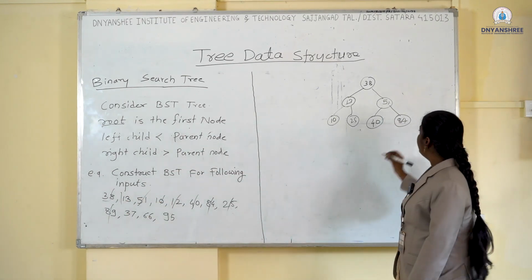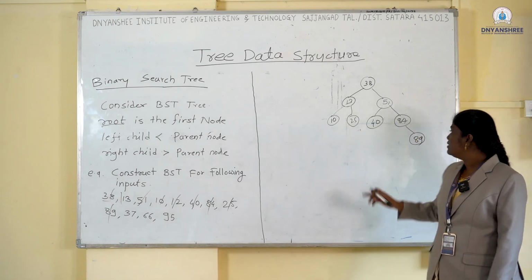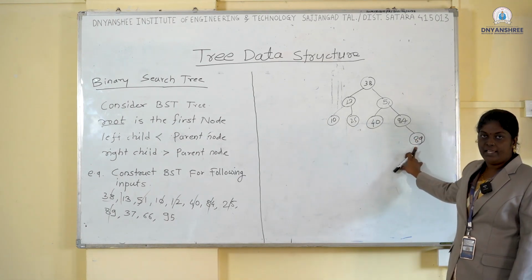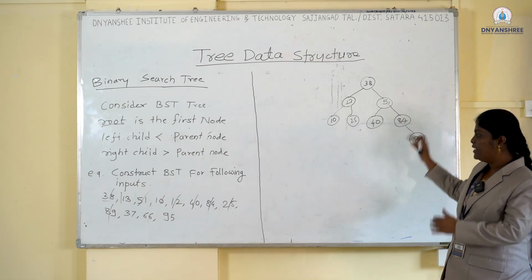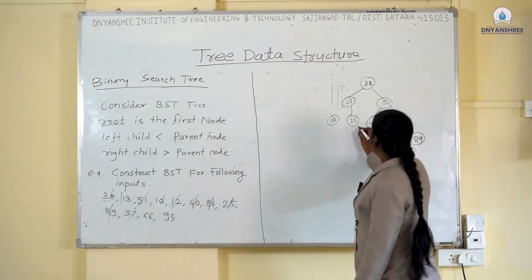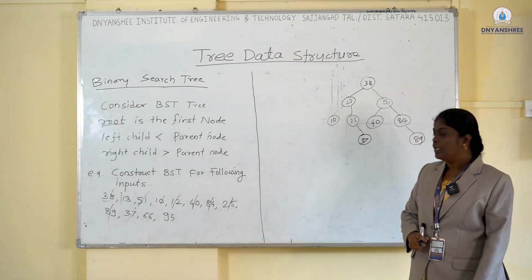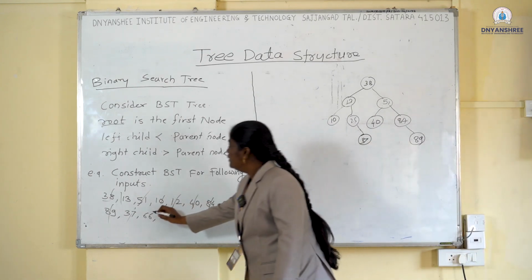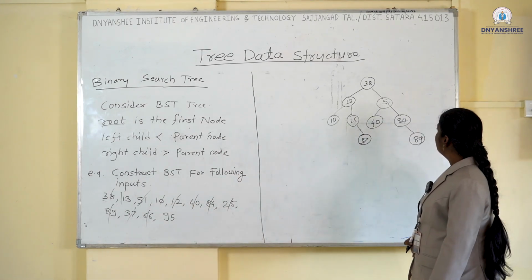Then after that we have 89. Where will be the 89? Is this the right place? Yes, it is the right place to place 89, because 89 is greater than 84 in the right subtree. Afterwards we have 37. 37 will be the right child of node 25. Then there comes 66. Where will be the 66?